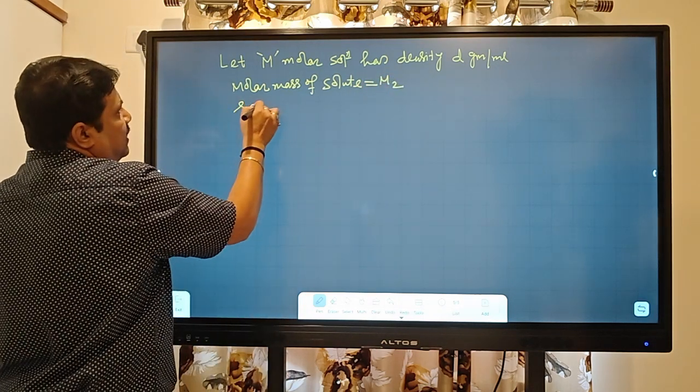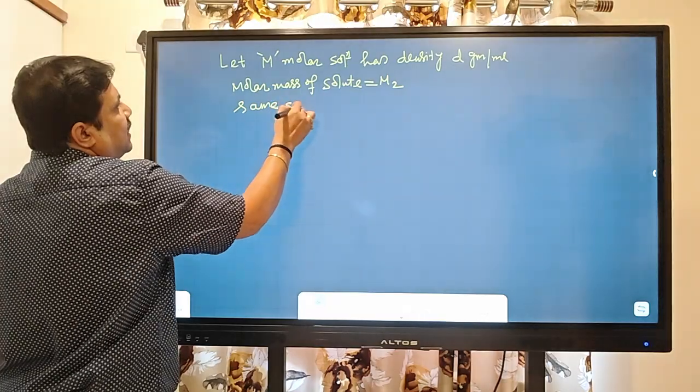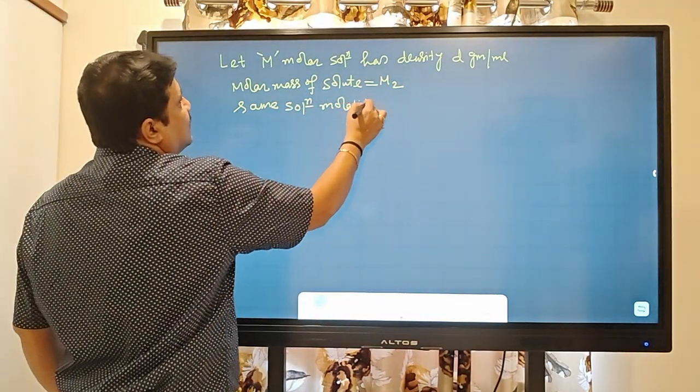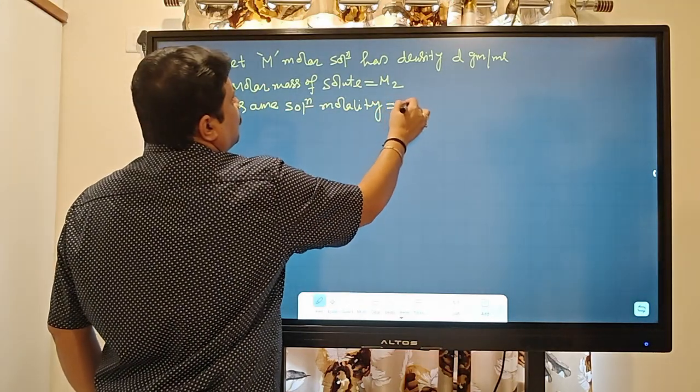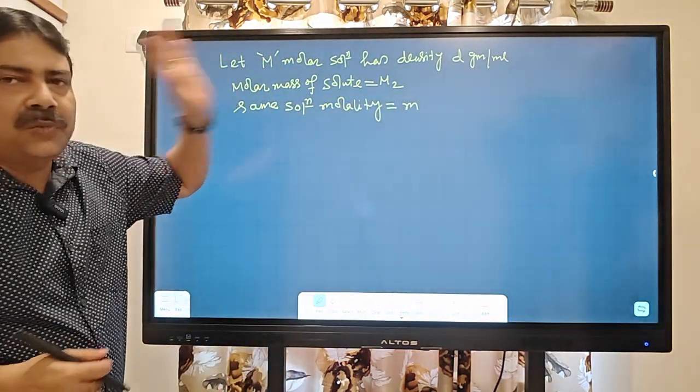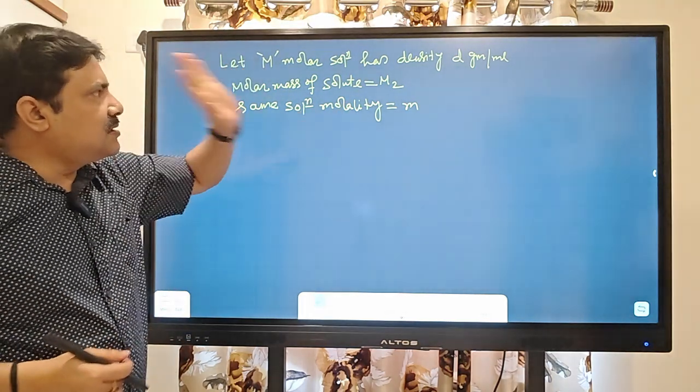The same solution's molality is nothing but a small m. Then I need to find out what is the relation between this capital M and small m. That means molarity versus molality.